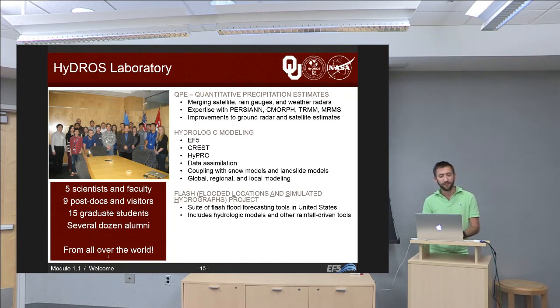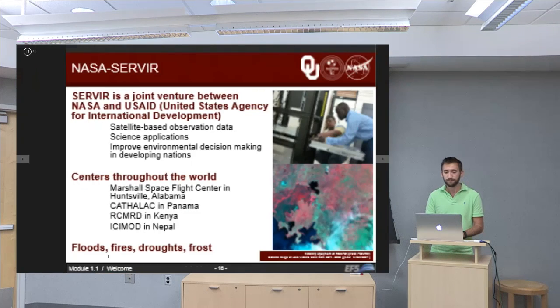HYDROS consists of 5 scientists, 9 postdocs, 15 graduate students, and several dozen alumni. And we have people from all over the world that collaborate and work with us on a daily basis. And so that's one of the things that helped prompt the idea of bringing this training virtually to anyone who wants to download it worldwide.